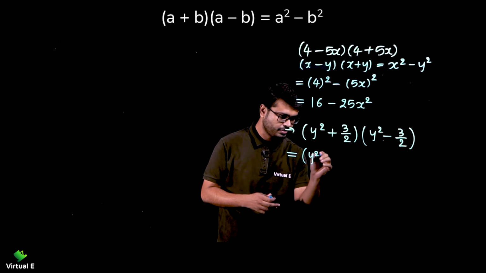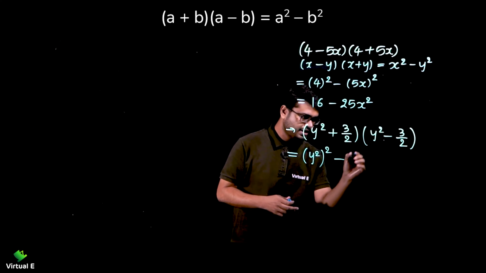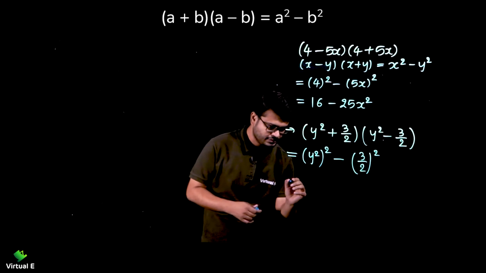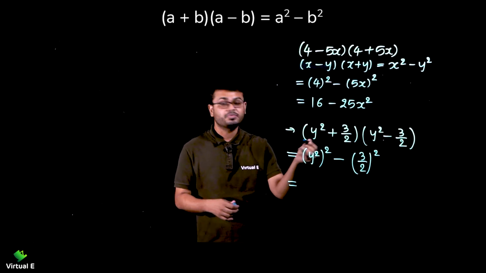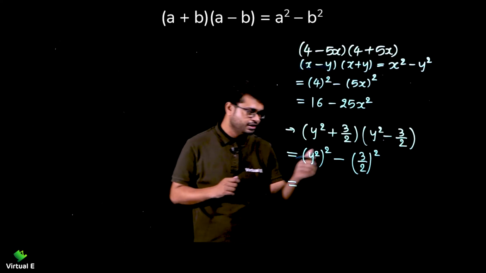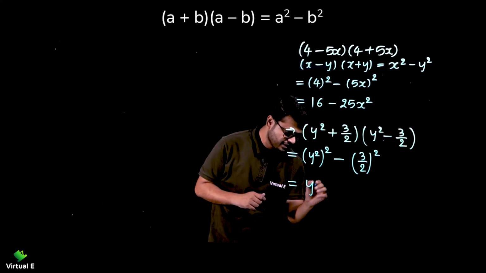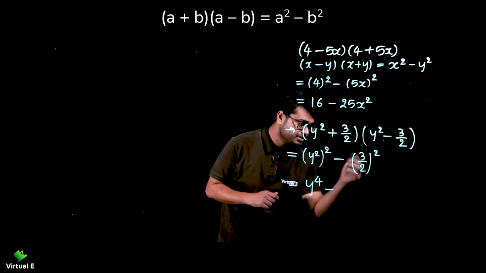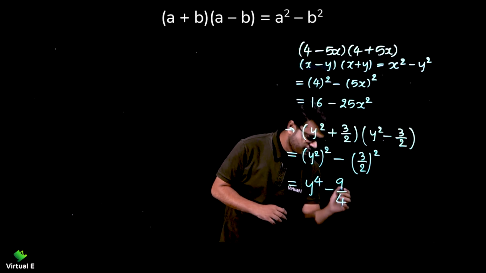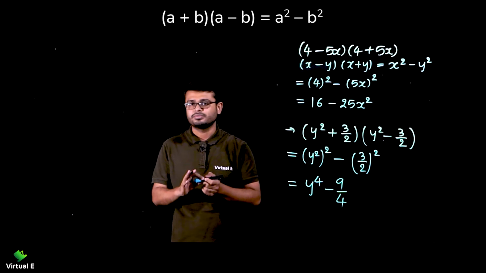So y square whole square minus 3 by 2 whole square. So here y square and square. When we have a double power, as we learned in chapter number 1, we are supposed to multiply. So y raised to 4 minus the square of 3 is 9 and the square of 2 is 4. Very simple to do, right?